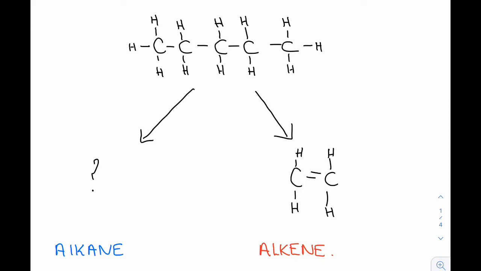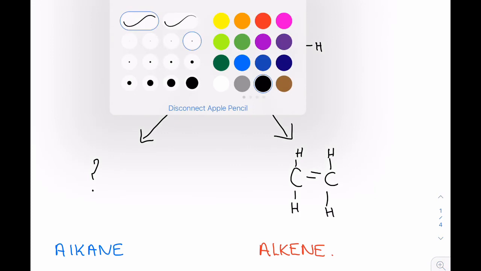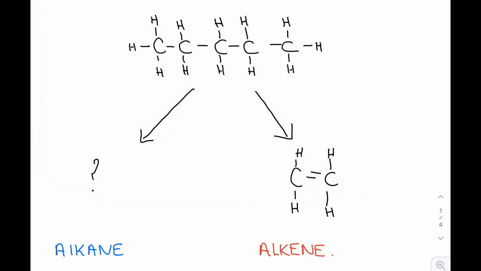We've got 5 carbons in our hydrocarbon and some hydrogens. And I've already drawn out the alkene, and it's saying, well, what's the alkane going to be? So we've got 2 carbons in this one, which suggests that it's going to split down the middle, and obviously that hydrogen goes with it like that.